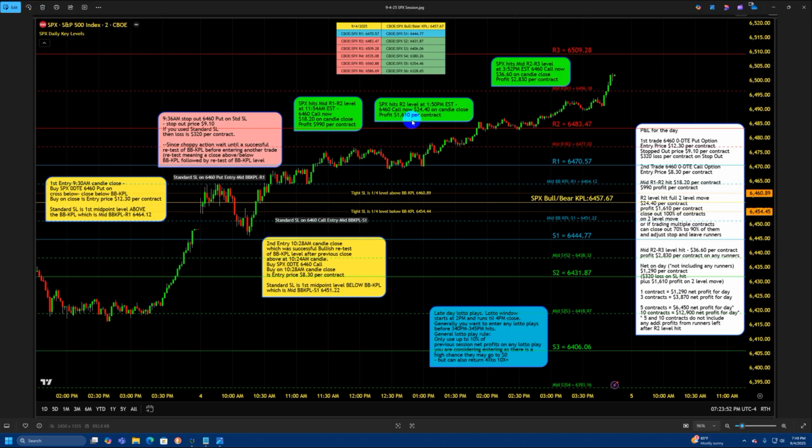So you would have up to $129 available for lotto plays if you were just trading one contract. Of course, if you were trading 10 contracts, instead of a $1,290 profit, you'd have a $12,900 profit, and you would have up to 10% of that, which would be $1,290 to consider putting into potential lotto plays.